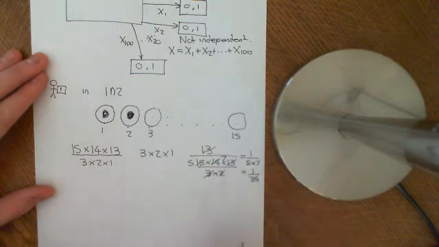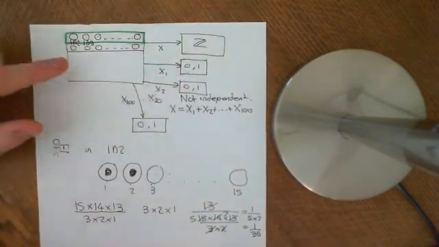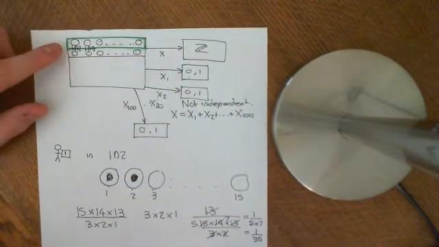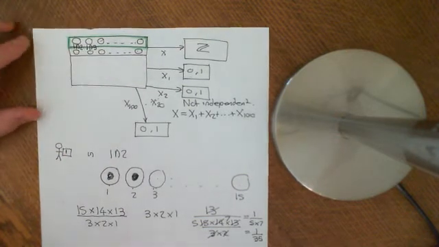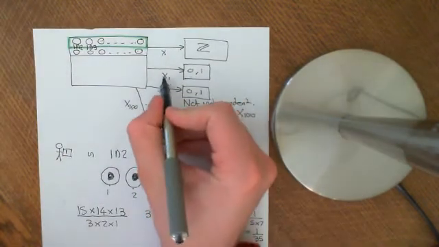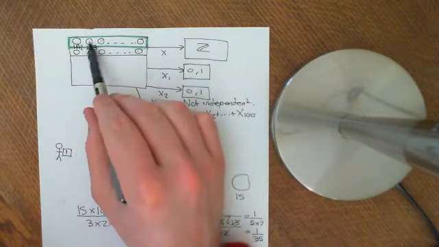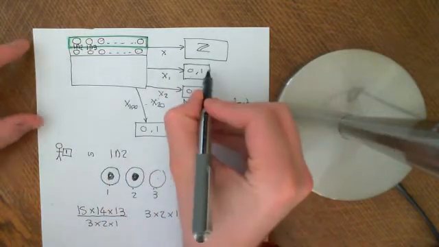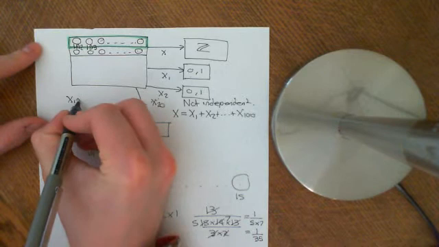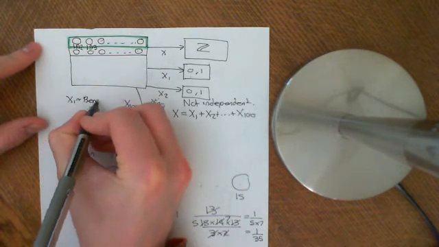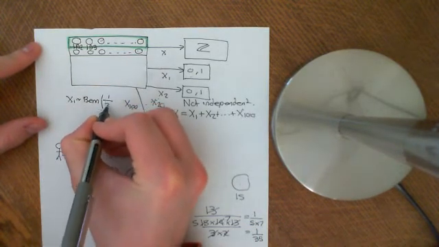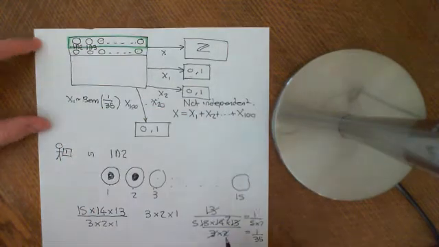So the probability that person 1, the random variable x1, ascribes you a 1 is going to be 1/35. So x1 is Bernoulli distributed with probability of getting a 1 being 1 over 35.